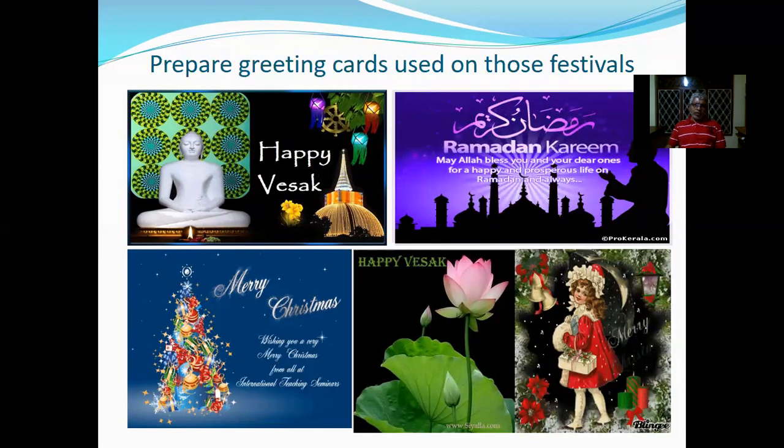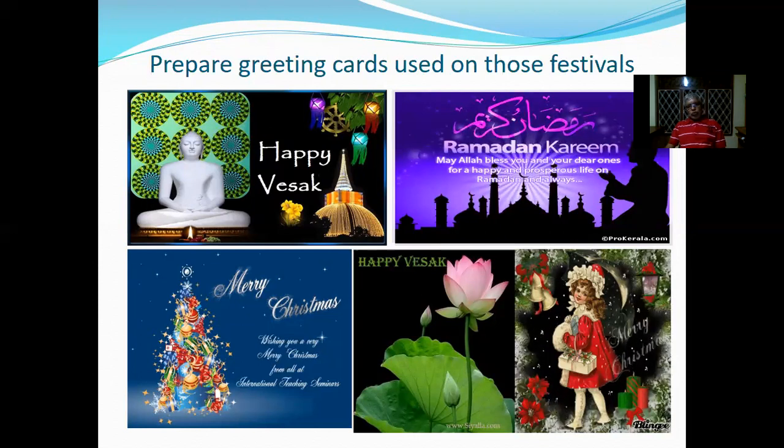Therefore, it is a very familiar as well as very famous method of greeting your friends, relatives, and others over these holy festivals. Actually, they are holy or sacred festivals as they are connected to the religions.